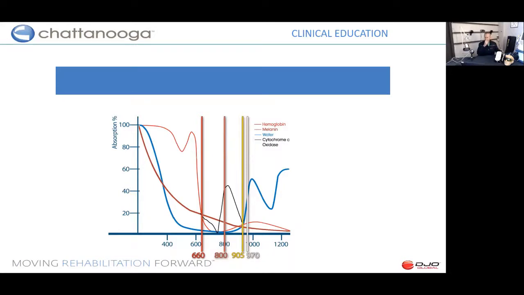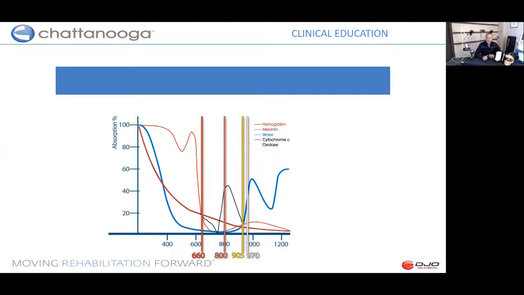So, this graph represents maximizing where we find the absorptive capabilities on these specific components, such as hemoglobin, melanin, water in particular for absorbing thermal energy, and then cytochrome C oxidase, which is the whole metabolic activity and reactive oxygen species, nitric oxide, and so on.